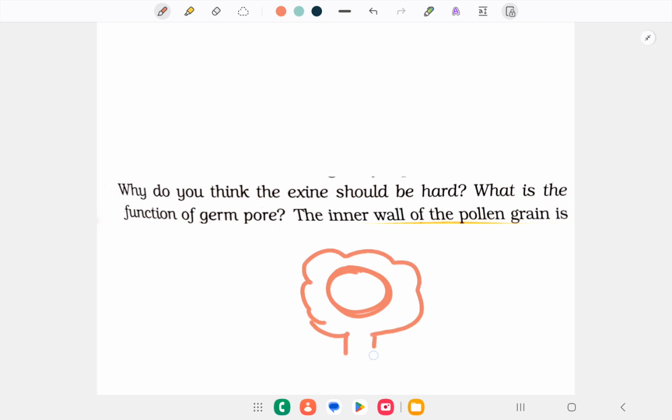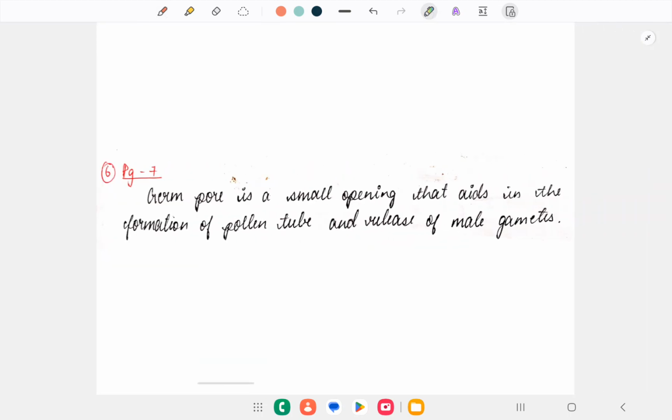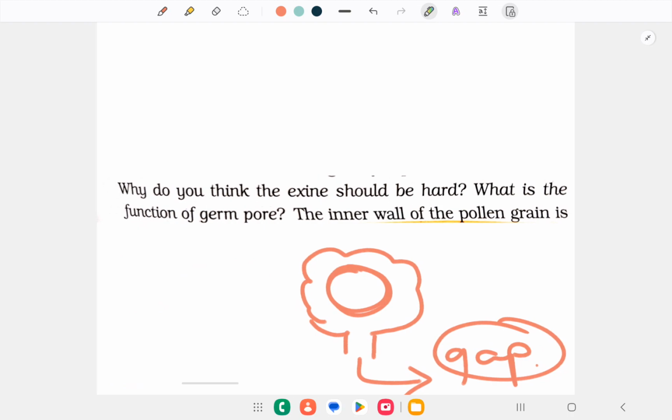The external layer has an aperture, that is a gap, which is known as the germ pore. Why is this germ pore present in the pollen grain? It is basically present as a small opening that aids in the formation of the pollen tube and the release of male gametes. The male gametes will be able to come out due to the formation of a pollen tube.